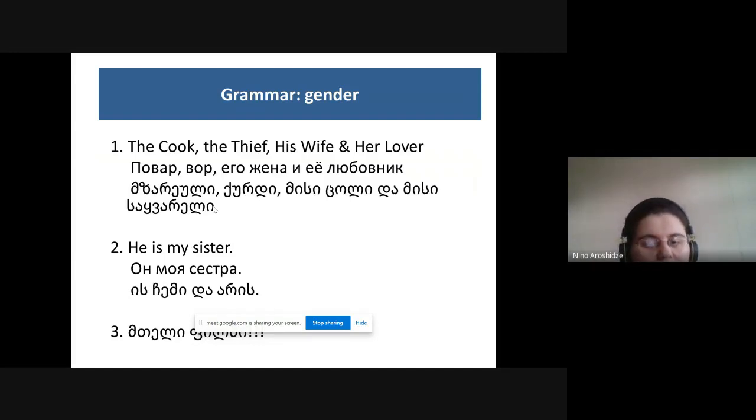So students were asked to provide their own solutions to this problem, and in this case they transformed it like "this man is my sister" and things like that.